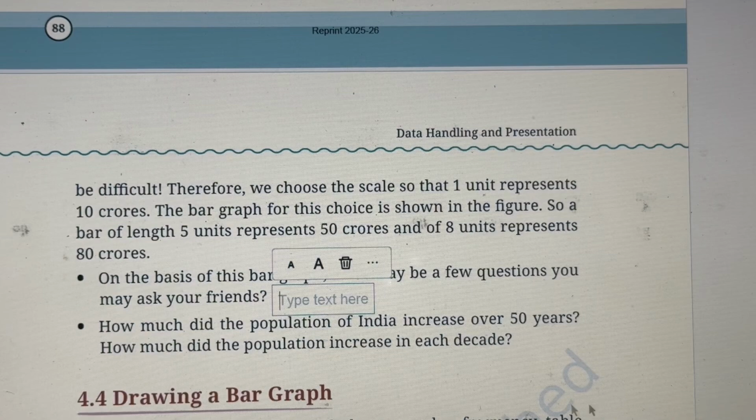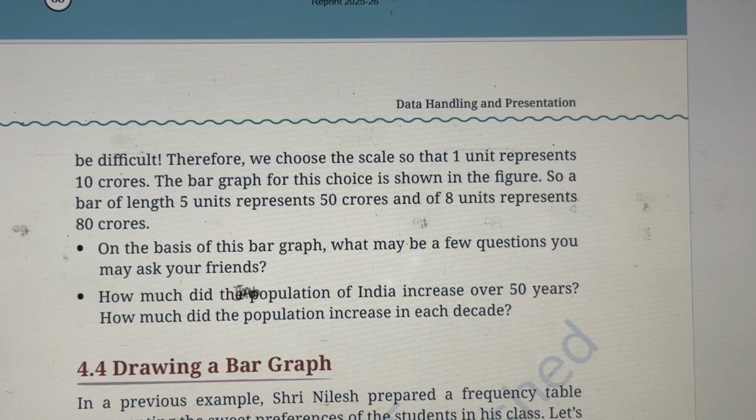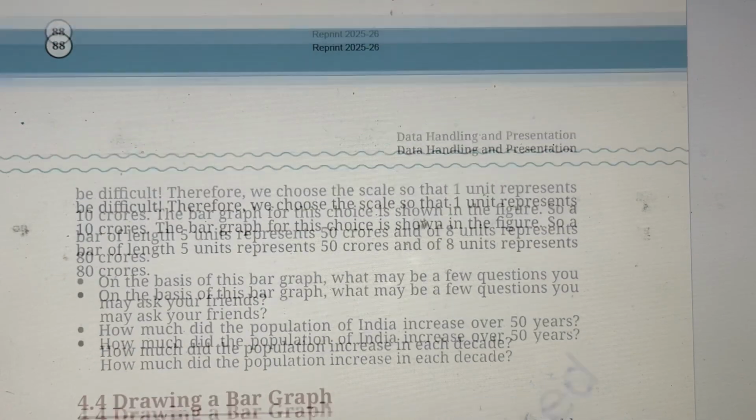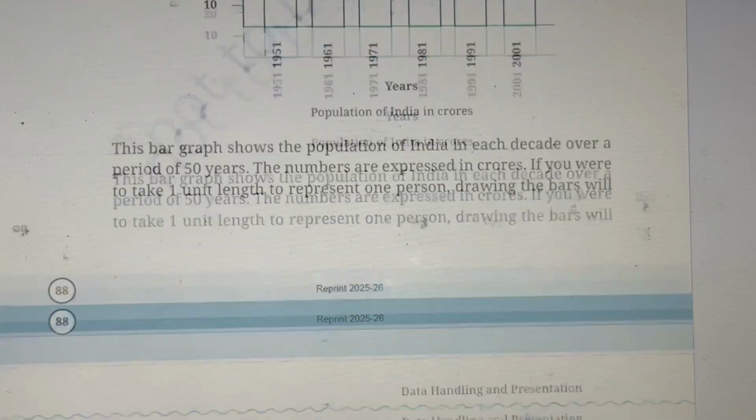Now they have also asked 2 questions rather, not one. How much did the population of India increase over 50 years? So over 50 years means, again we go back to the graph. Over 50 years means this is 102 in 2001. And in 1951 it was 36. So how much has it grown? So what you will do?